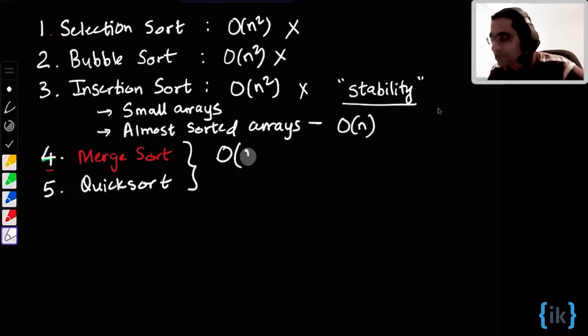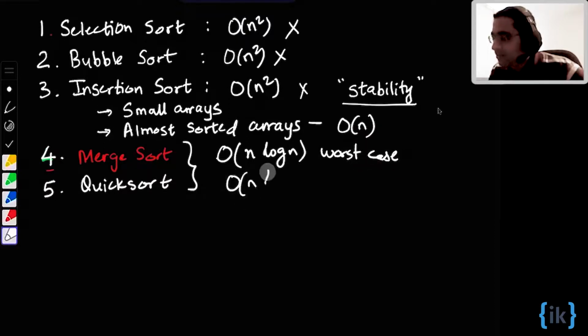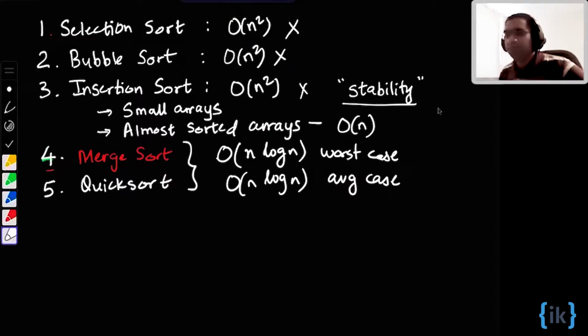N log n worst case for merge sort, and n log n average case for quicksort. But as I said, you can assume the average case as the actual running time in an interview. If this was a university course, you would not be allowed to do that. But in an interview, you can assume quicksort will run in n log n time, because the probability of encountering the worst case is really small if your algorithm is randomized.